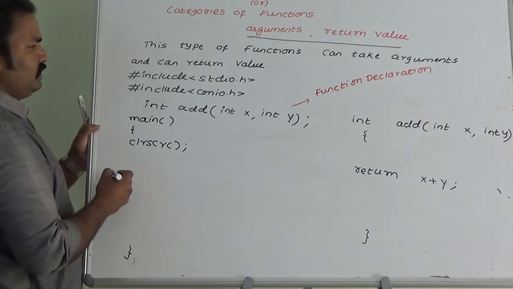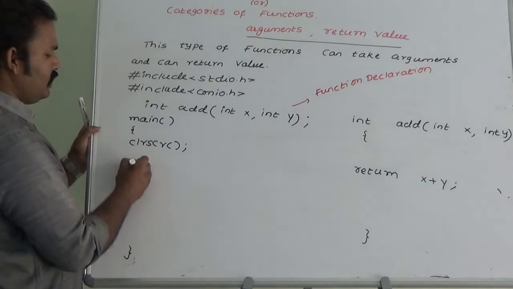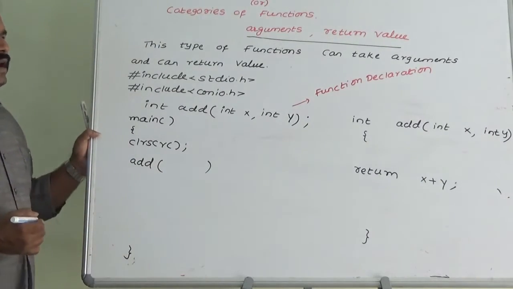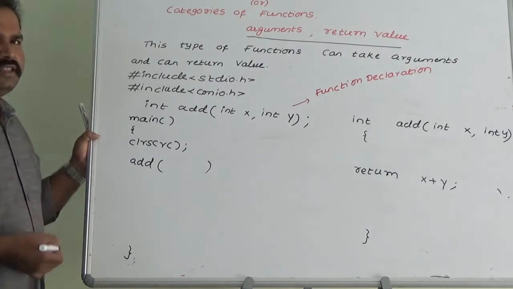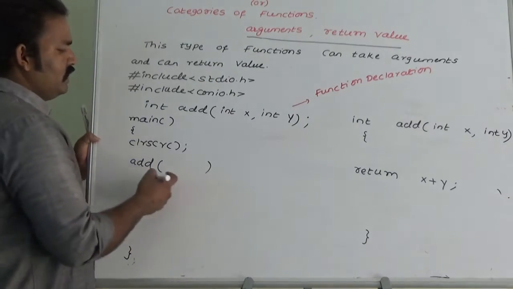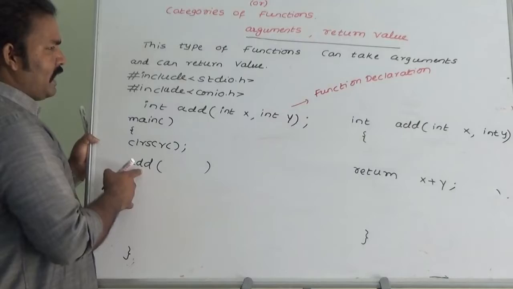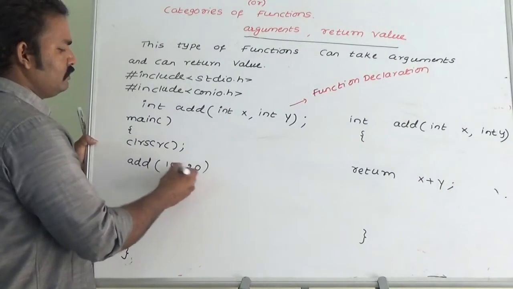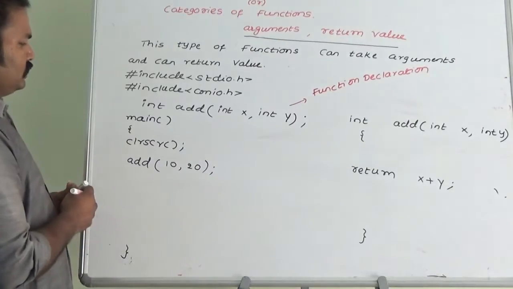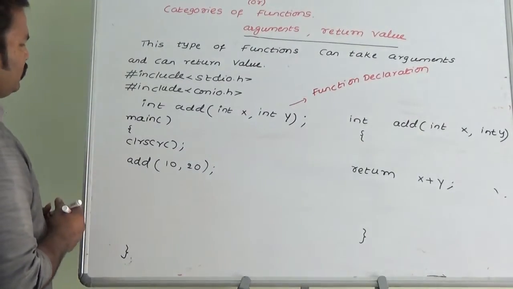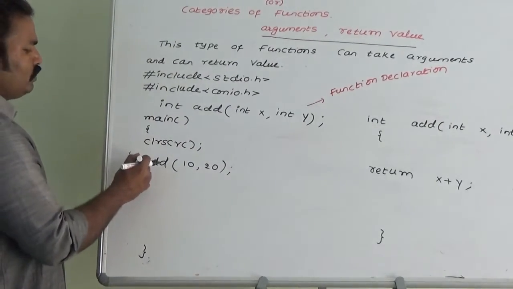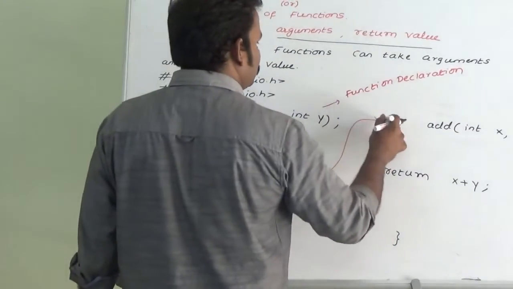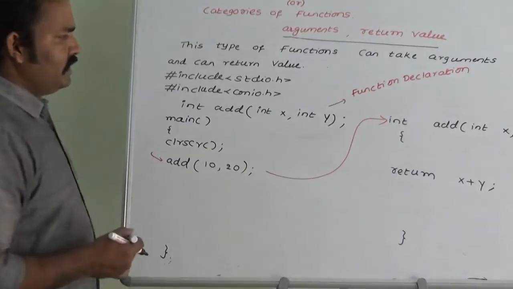A function can be called by using the function name followed by a list of parameters enclosed within parentheses and with a semicolon. Here I am calling the add function by passing 2 values as arguments. Whenever execution control encounters a calling function, execution control is directly transferred to the function definition.